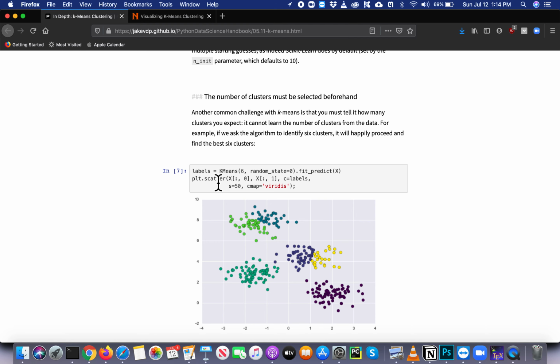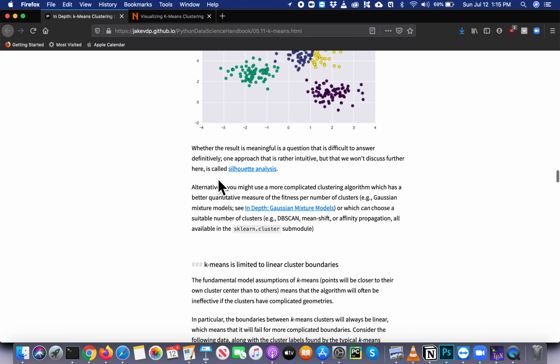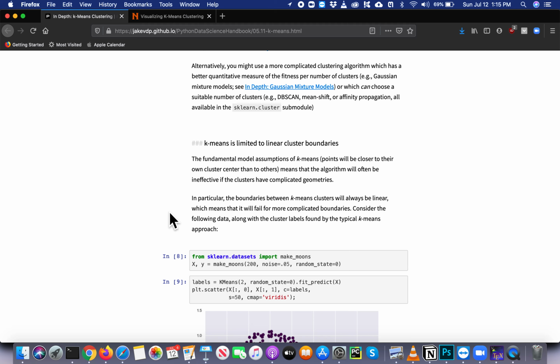That is typically not known. You can use various heuristics and methods to get a good sense of the number of clusters that you want to use. Again, you can refer to this article and look at silhouette analysis. There are other, of course, better methods, methods which don't really require you to specify the number of clusters.